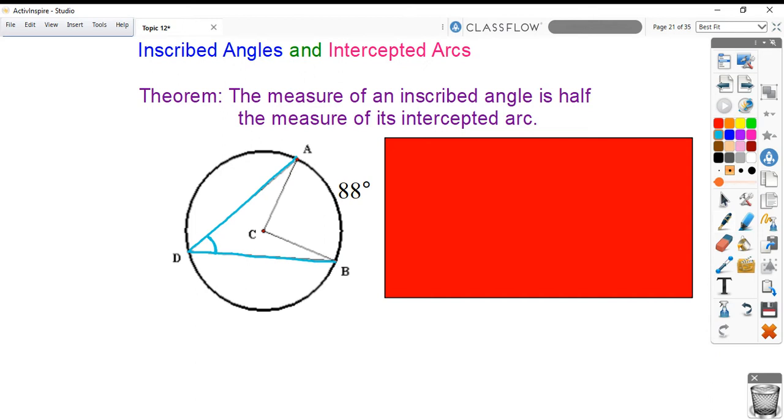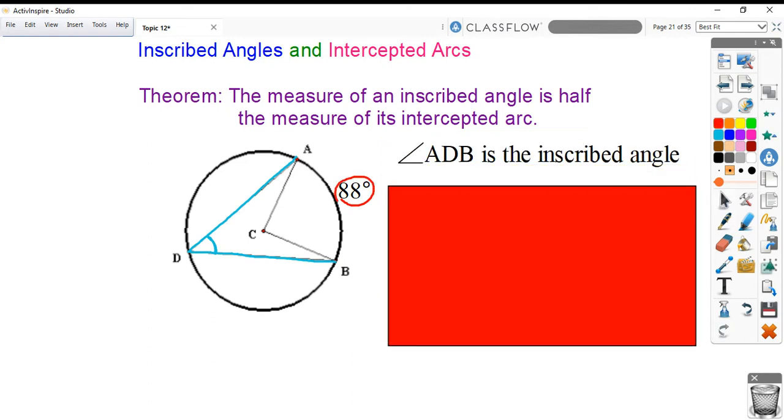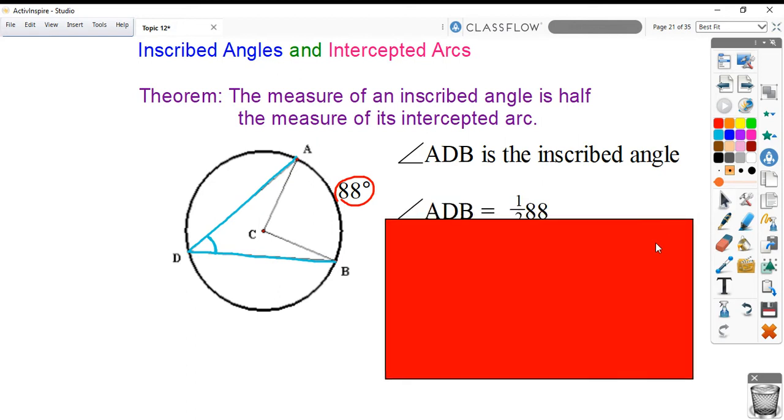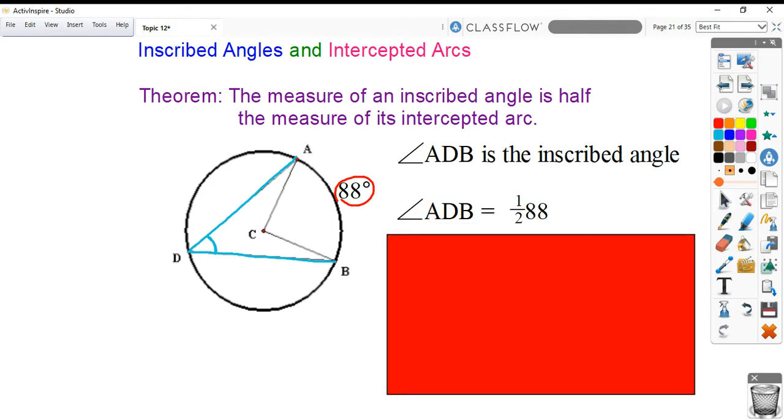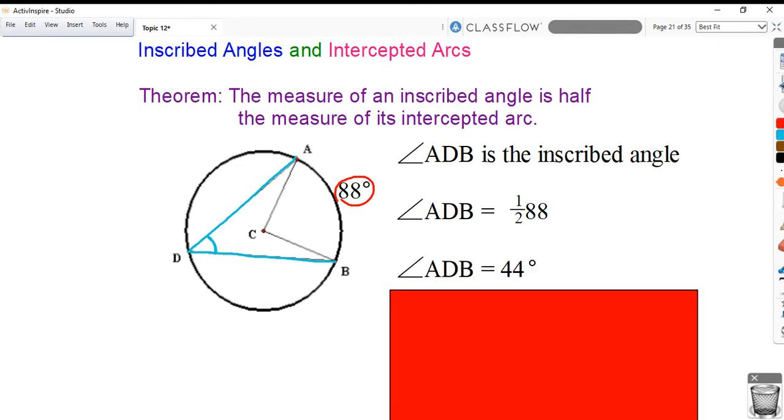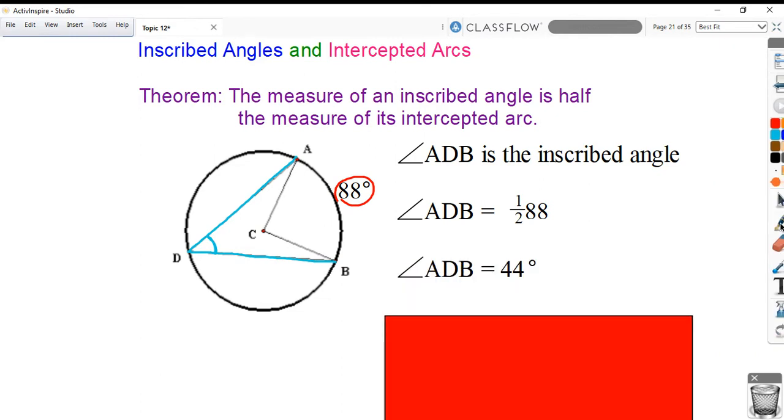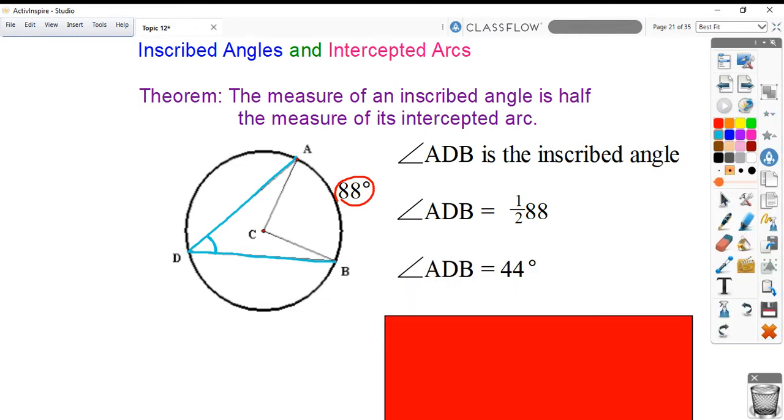According to this theorem, if you have the measure of the arc, this bit over here that's 88 degrees, and we have angle ADB as our inscribed angle, that angle should be half of the arc measure. So it's going to be half of 88. And so that's how we end up with a measurement for that angle. Measure of angle ADB must be 44 degrees.